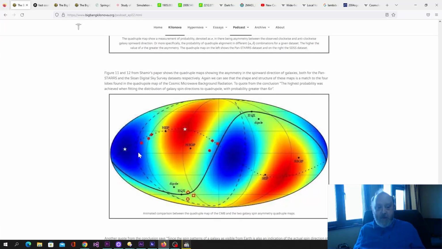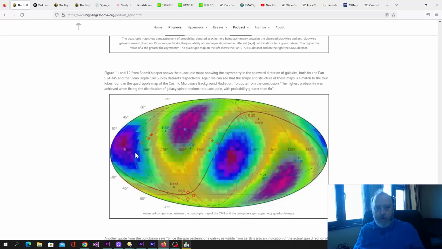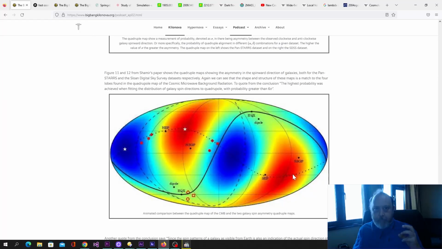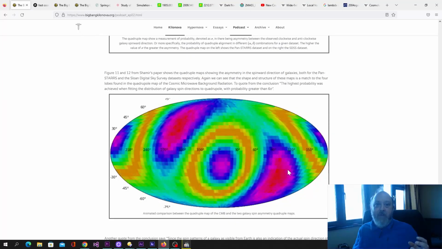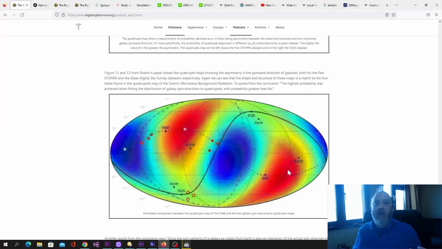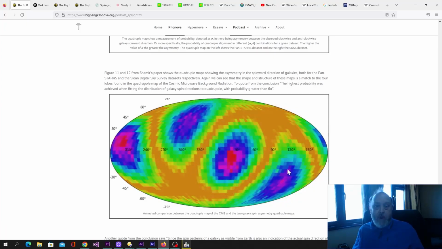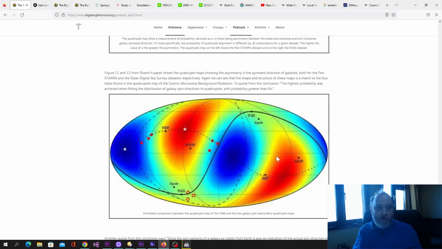And so the important thing about Lior Shamir's work to me was that it gave me a cosmological observable: directly observing the spinward direction of spiral galaxies is something that you see through the telescope, as opposed to measuring the microwave background sky and its temperature.